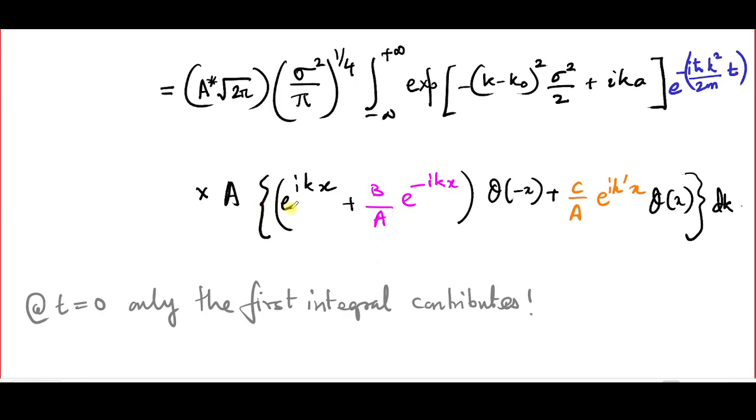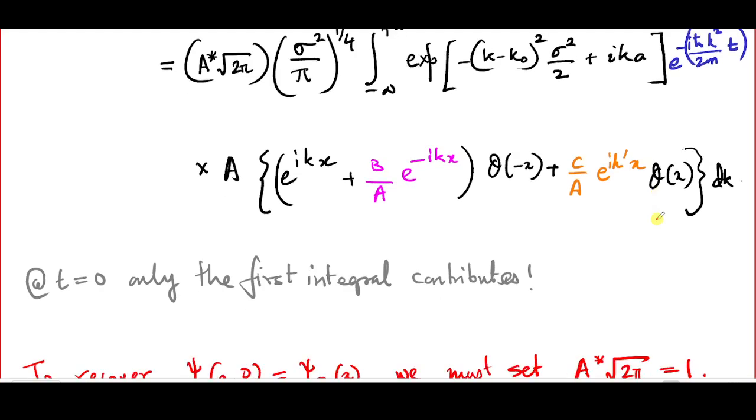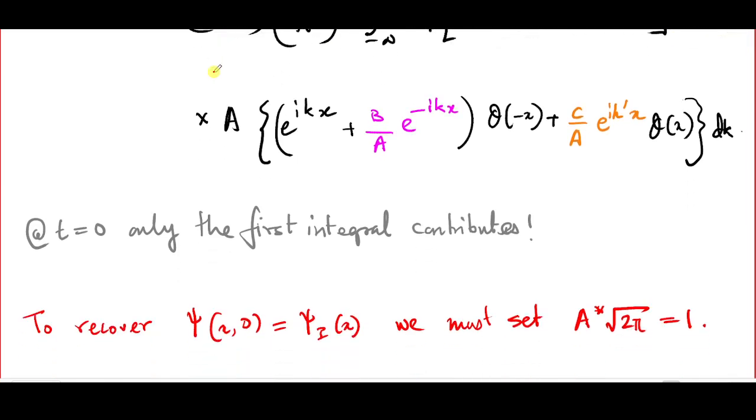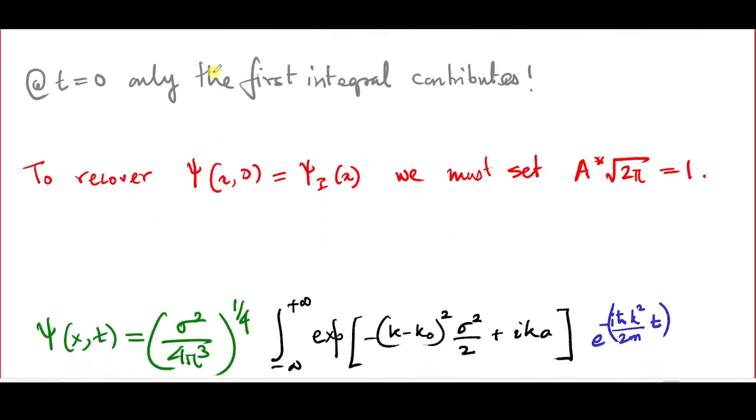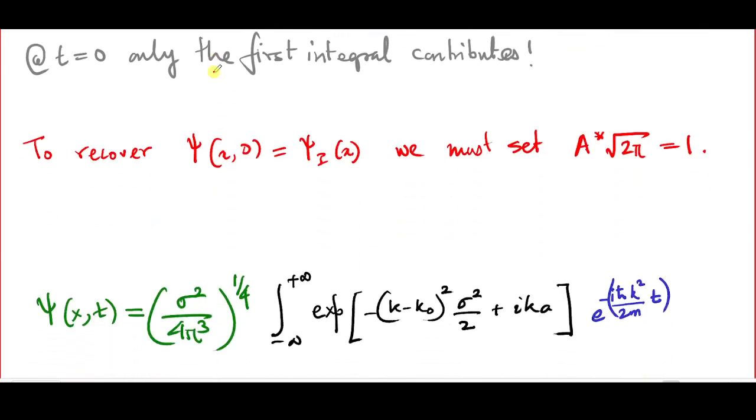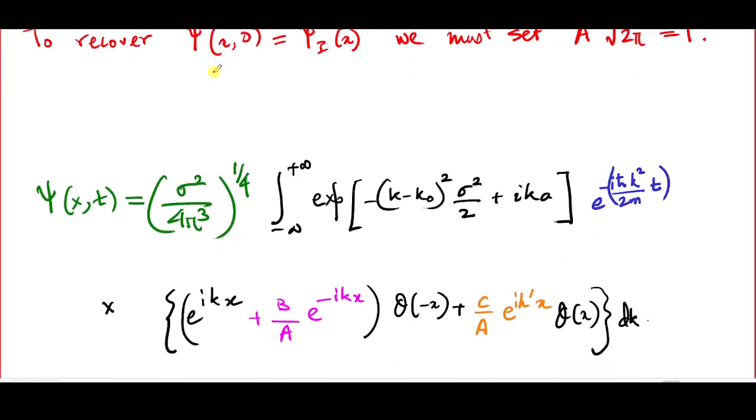So, you just have e to the ikx times this times e to the minus i h cross k squared t by twice m, etc. It's easy to see that if we want to get back psi I x at t equal to 0, the only way you can do that is actually to choose A to be 1 over root 2 pi, or A star root 2 pi to be 1, which is the same thing. And once you plug that value in of A as 1 over root 2 pi, this is what psi of x comma t turns out to be.